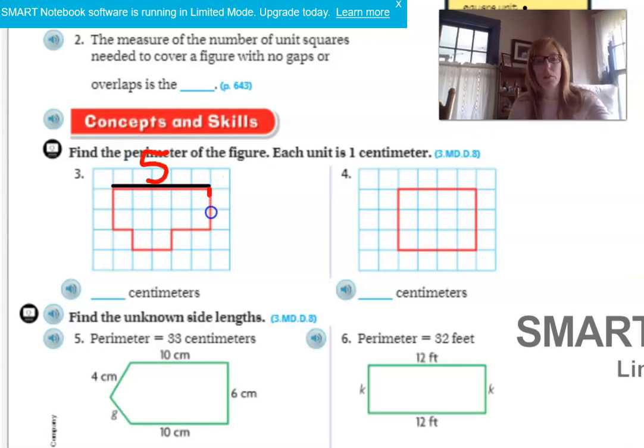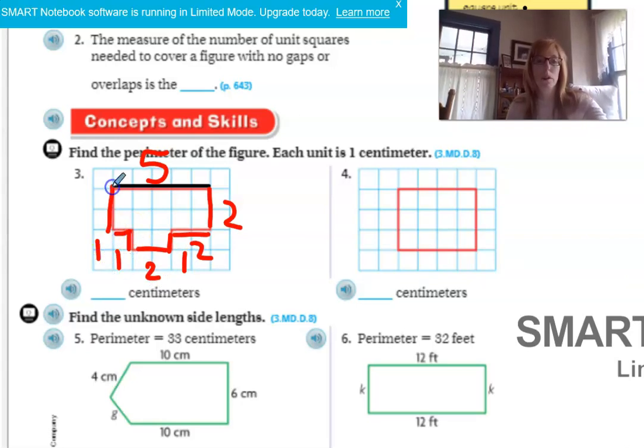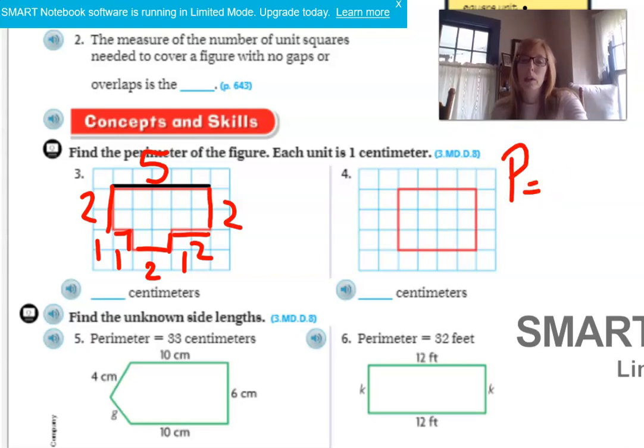And then from here to here, you're going to write a number 2, 2, 1, 2, 1, 1, and 2. So perimeter, and we know that perimeter is length plus width.